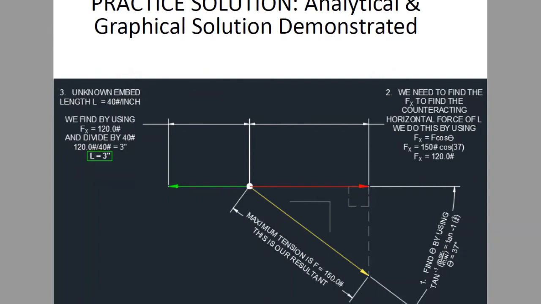And here we see what I just explained, where first we find theta by the tangent inverse of the rise over run, and we also find the F of x, which is the counteracting horizontal force of the force F equals 150 pounds.